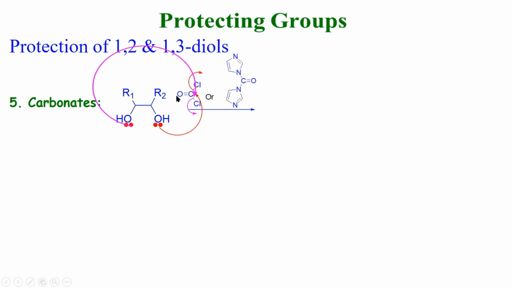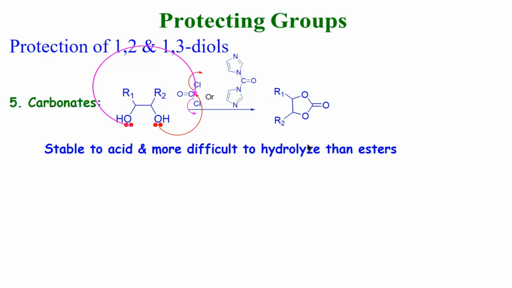Instead of carbonyl dichloride, we can also use carbonyl diimidazole, which is more environmental friendly, and we get corresponding carbonates. And hence 1,2 diols and 1,3 diols can be protected in the form of carbonates. These carbonates are stable to acidic condition and they are more difficult to hydrolyze than that of esters.